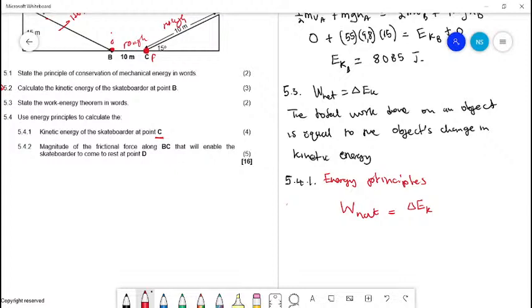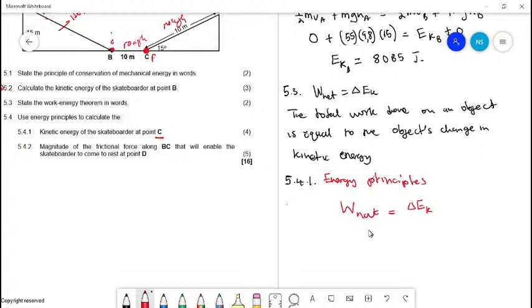So W net, don't forget that W net is the total work done on the object, or the work that is done by all forces acting on the object. So for you to get W net, you need to also know the forces that are acting on the object as it moves from B to C, right?